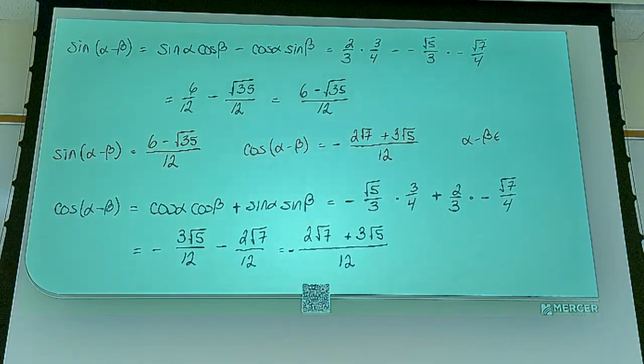Cosine is so obvious. Cosine's negative. Where's sine positive and cosine negative? Oh, we're just in quadrant 2 again. Both alpha plus beta and alpha minus beta wound up being in quadrant 2. See that?